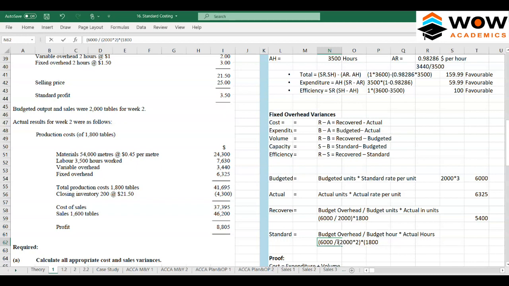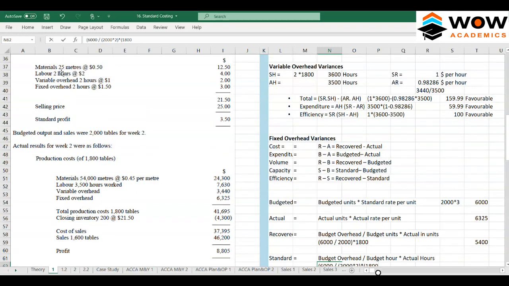We have to put actual hours, but actual hours is not at all available here. As actual hours is not available, we'll take the labor hours itself, because there are no fixed overhead hours available. Labor hours and variable overhead hours are the same, and fixed overhead is also the same. See here, labor is 2 hours, variable is 2 hours, fixed is also 2 hours. So they're all equal, so here also it should be equal. So 3500 here for labor, variable and fixed overhead.